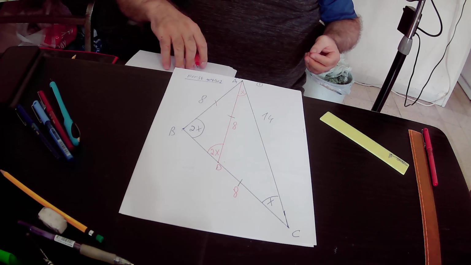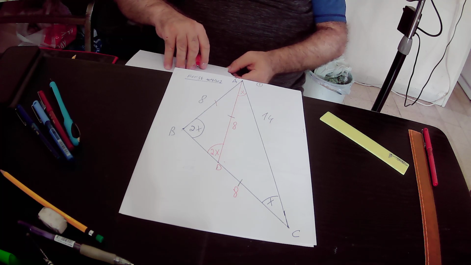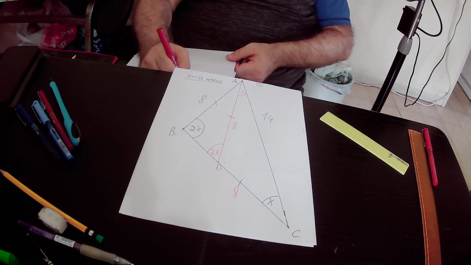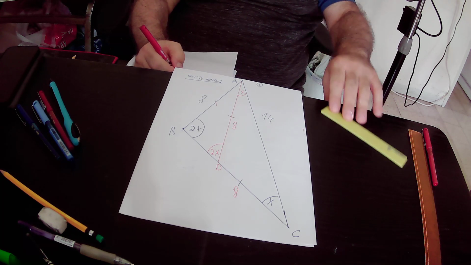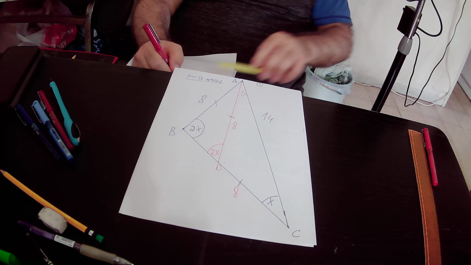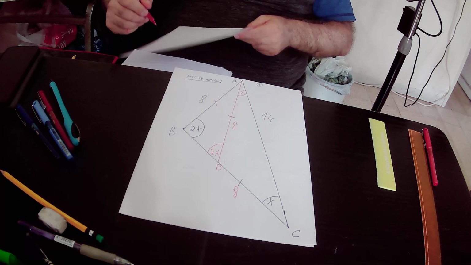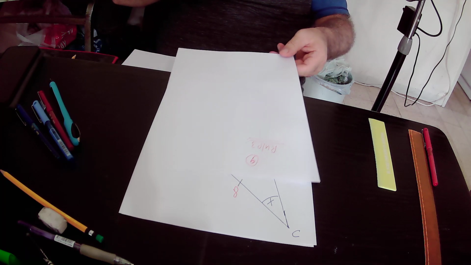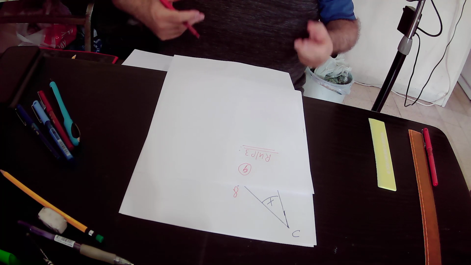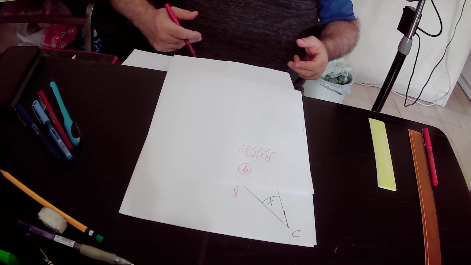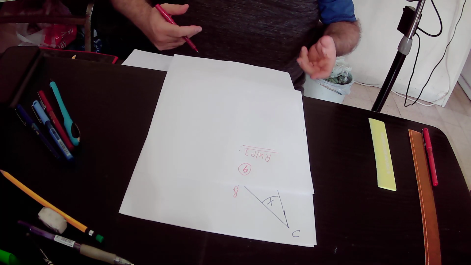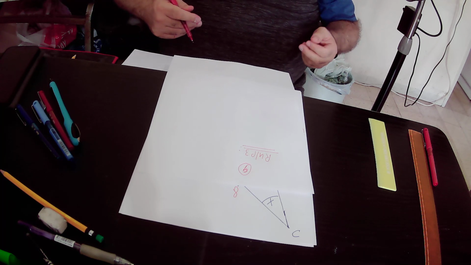I will call it rule number 3. Rule number 3 states that the height to the base in an isosceles triangle divides the base into two equal parts.